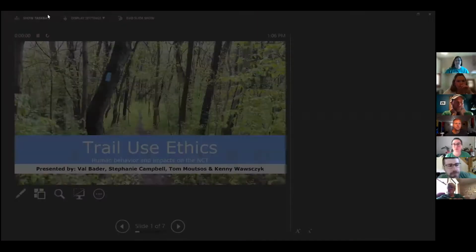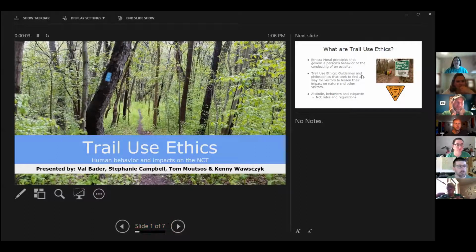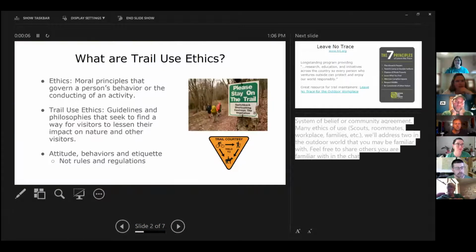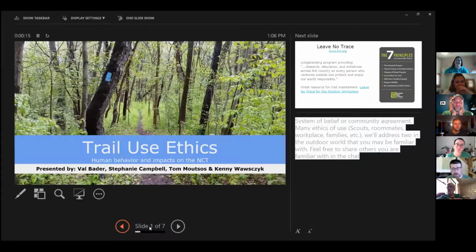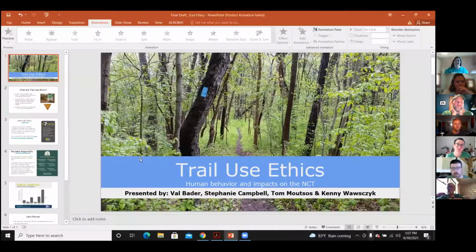Try F5, Val. A lot of people are saying it looks good to them too. If you want to, you can do the presenter mode too. It just shows some of the notes and the next slide as well. That's okay. You can see it now. Yep, and then we can see the stuff on the left. Okay, well, we're going to go with that. Sounds adaptable.